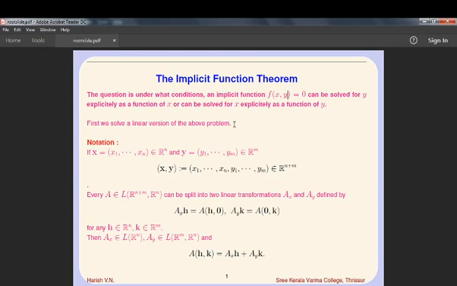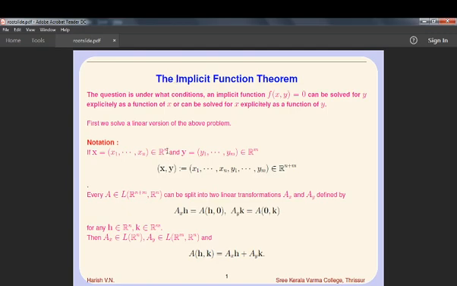I have two values for x satisfying this equation, x square plus y square minus 1 is equal to 0. So here for this y there is no unique x. So now under what conditions you can make sure that for a given y there is a unique x? So that's what we are trying to solve in implicit function theorem.